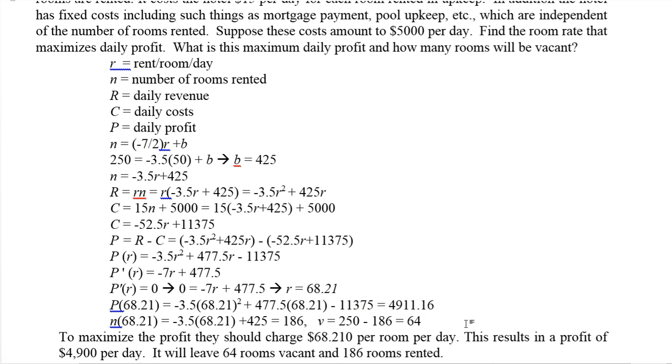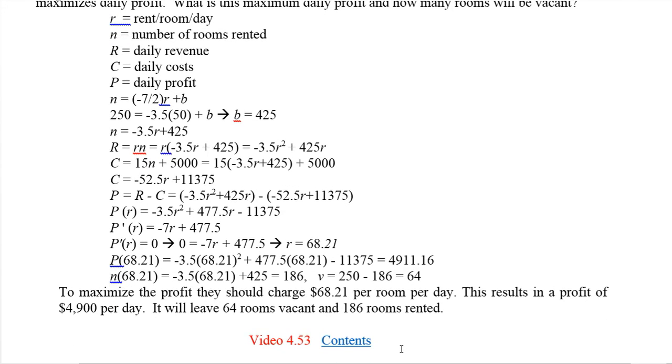So if they want to maximize the profit and they have to charge everybody the same amount, then it's going to be $68.21 per room each day, and it's going to result in $4,900 per day profit, and it will leave 64 rooms vacant and 186 rooms rented.